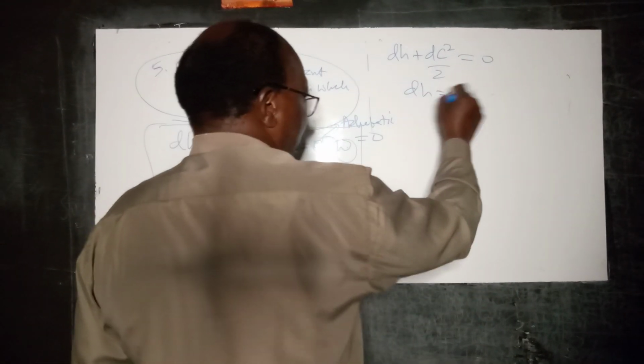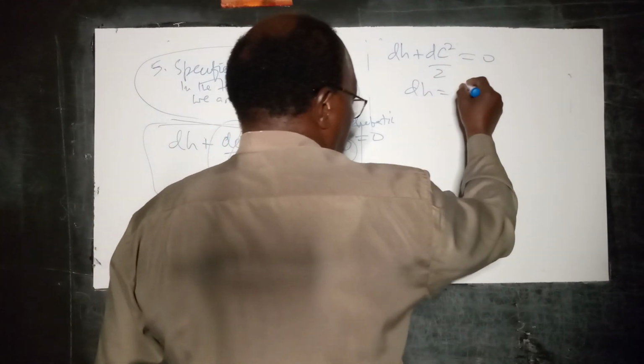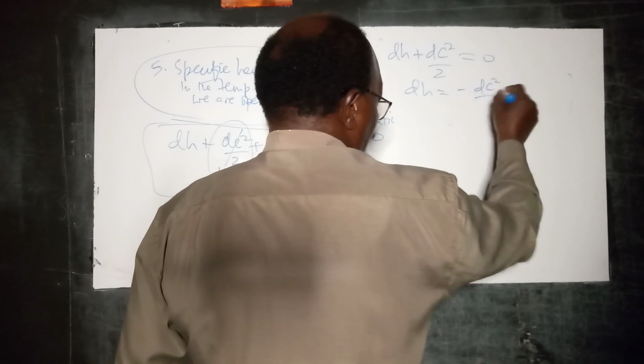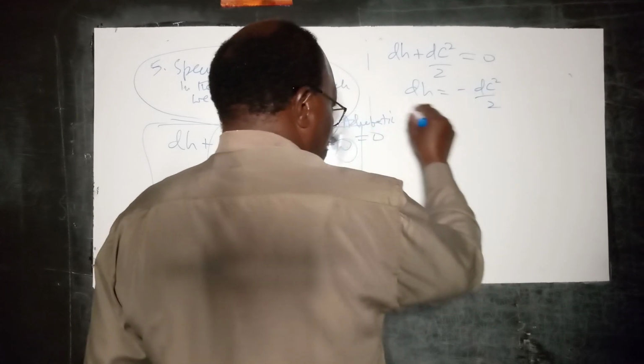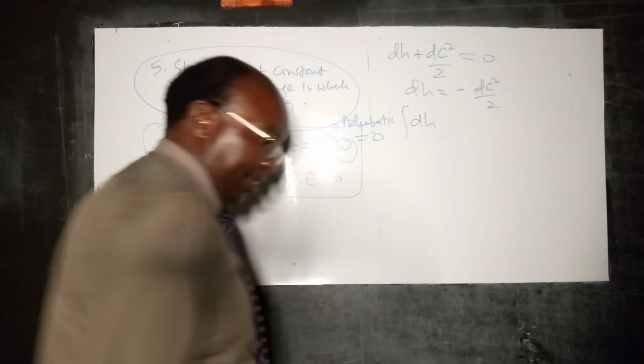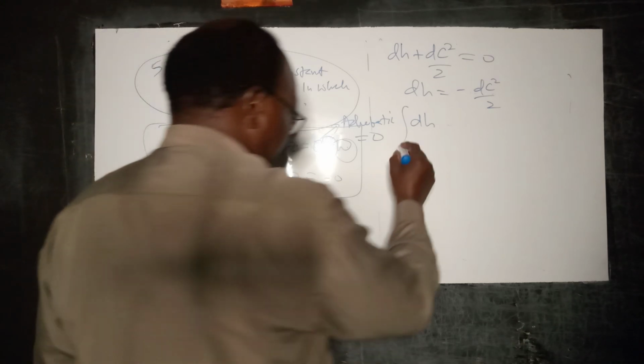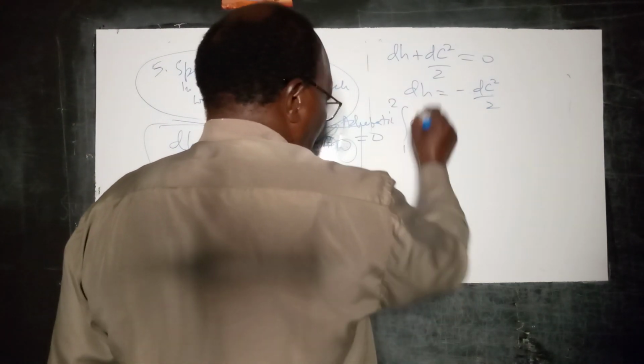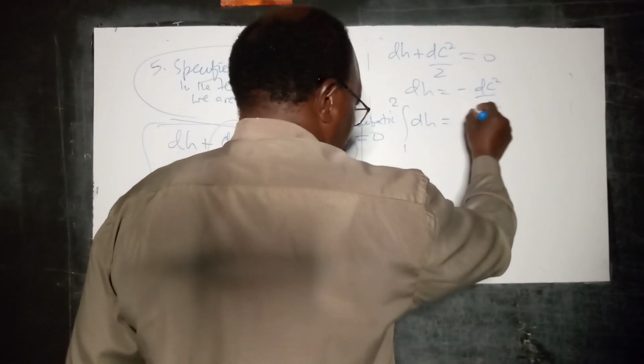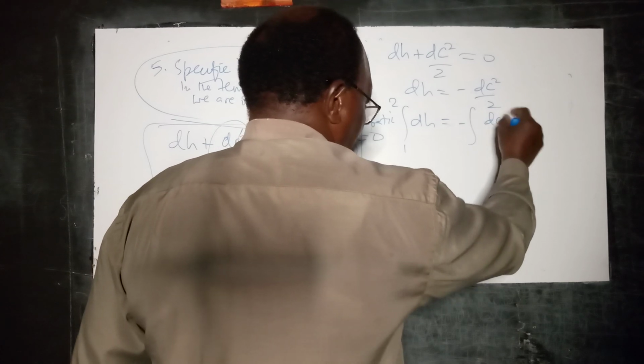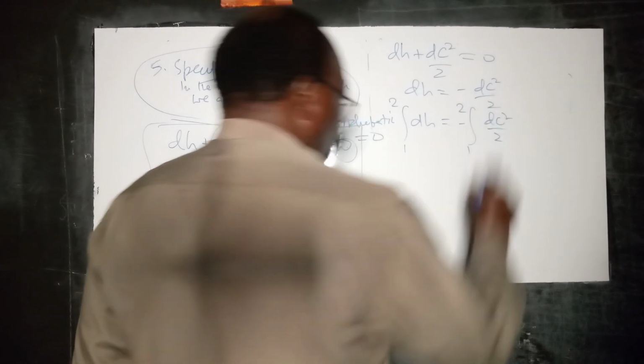So if we just rearrange these quantities, we have minus d(c squared) over 2 equal to dH. Integrating this within some limits which you can pick, let's say from 1 to 2, we have the integral of minus d(c squared) over 2 from 1 to 2.